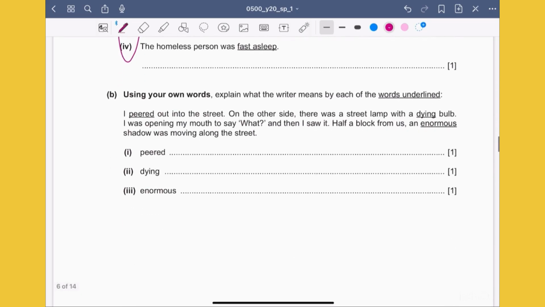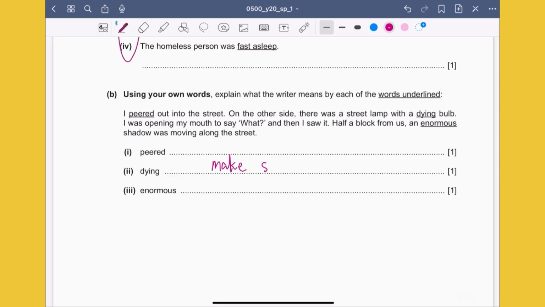Next, for this one, it's basically just a simple vocabulary test. Again, they want you to give a synonym. Again, you have to keep in mind whatever synonym you're giving for this word, for example, over here, should be able to fit into the context over there.